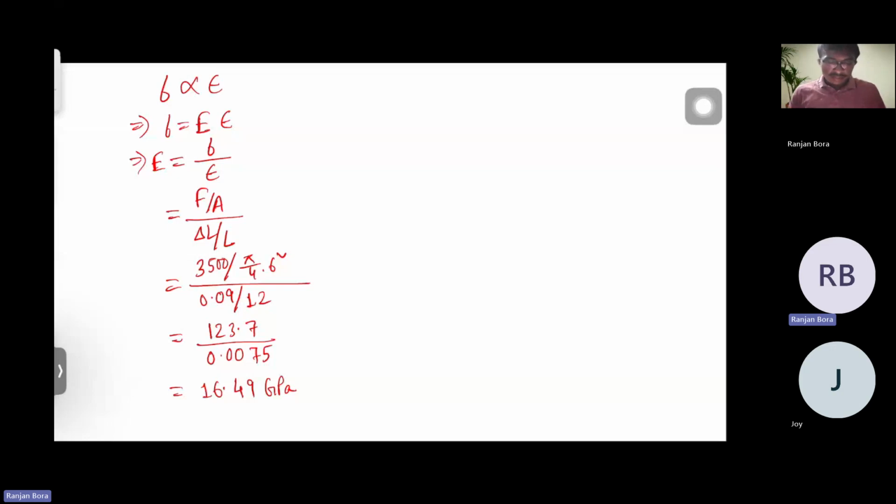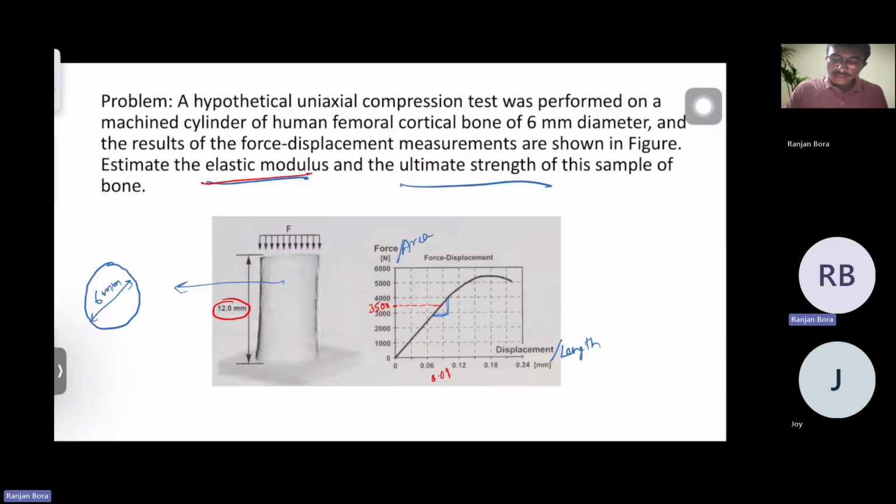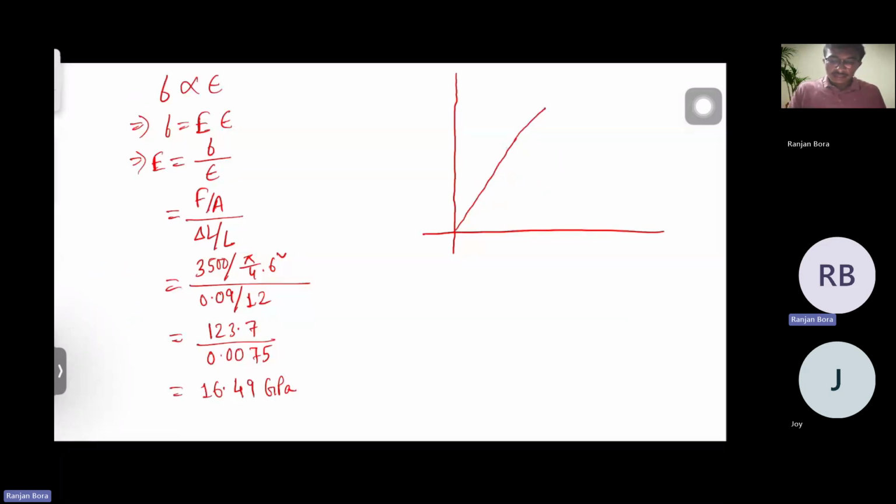What is the ultimate strength? When we do the stress strain experiment, first stress is linearly proportional to strain, and after that there is yielding in the material.